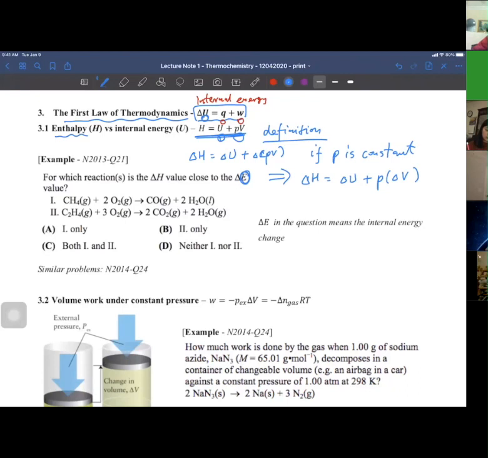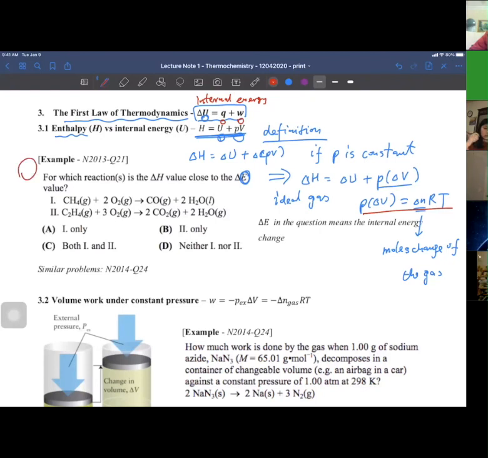Okay, and then if all of the gases are ideal, the P delta V, based on the ideal gas law, equals delta n RT. Delta n is the mole change of the gas during the reaction. Does this still make sense to you? P delta V equals delta n RT.